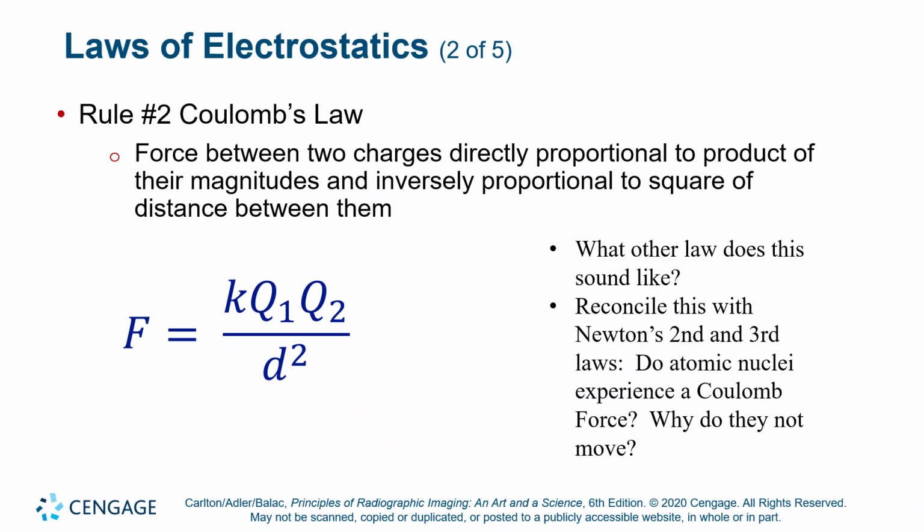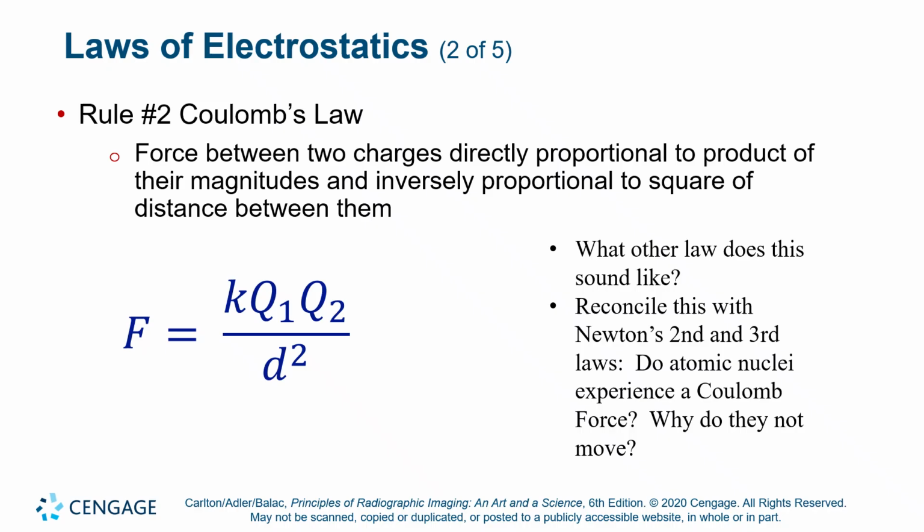The magnitude of the charge on object one, which could be the atomic nucleus, times the magnitude of the charge on object two, which could be a single orbital electron or all the orbital electrons, or extra electrons that you've somehow gotten to stay on the metal bar. So, the product of all the charges involved, basically.